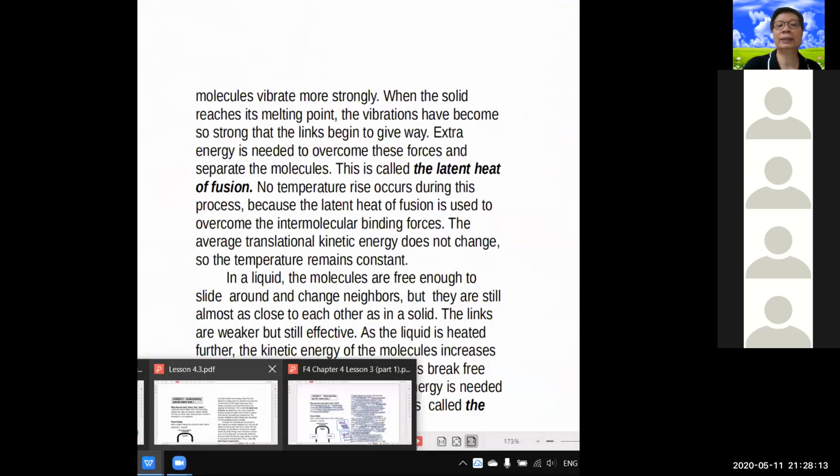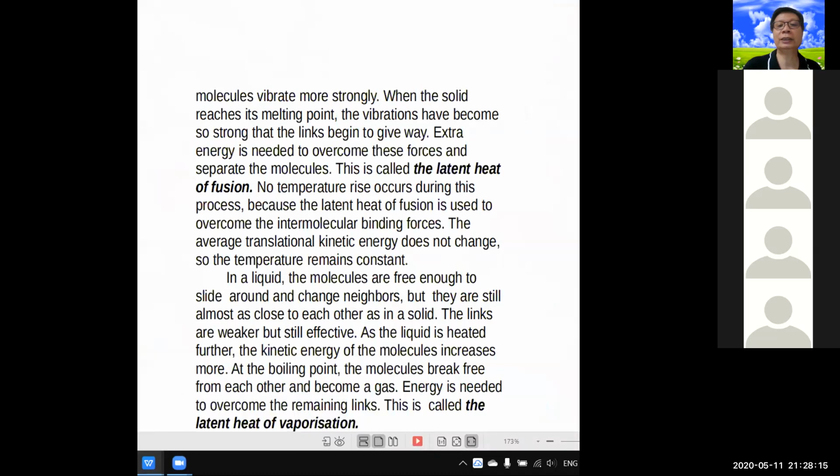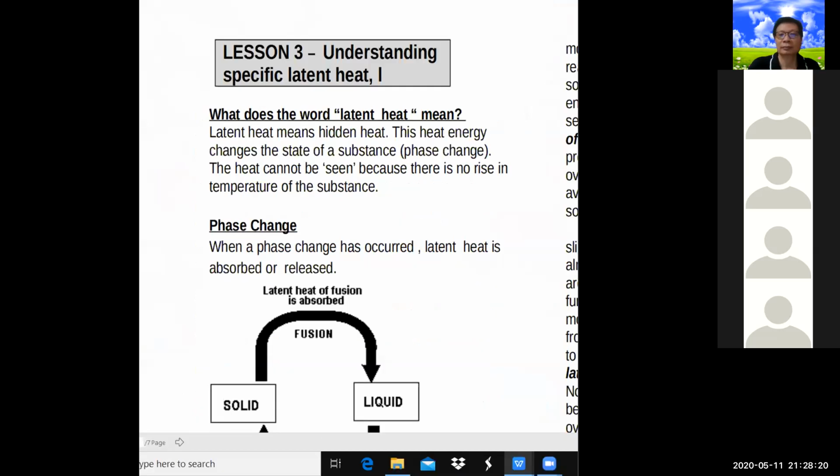Okay, it's your Lesson 3. You see the title of Lesson 3. The title is another new thing for you. Your Lesson 2 was specific heat capacity, and now your Lesson 3 becomes specific latent heat.